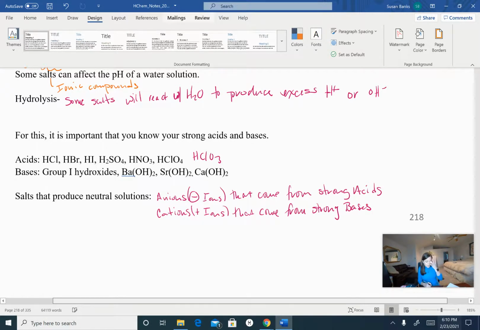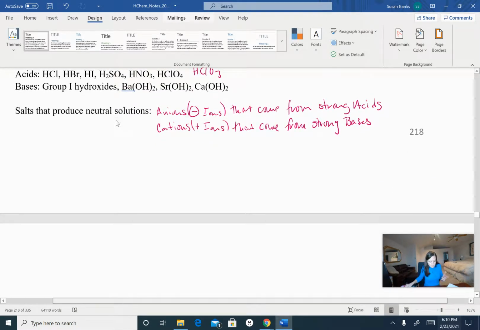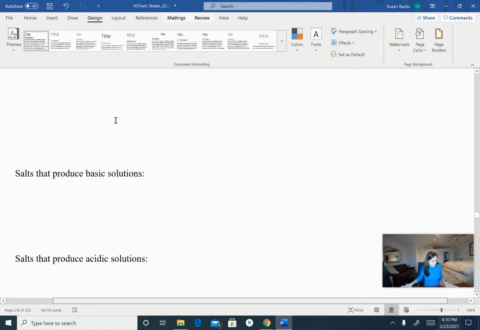So to have a neutral salt, both the anion and the cation have to be conjugate bases of strong acids or conjugate acids of strong bases. Let's give you an example really quick. Well, actually, we're going to define salts that produce basic solutions first.